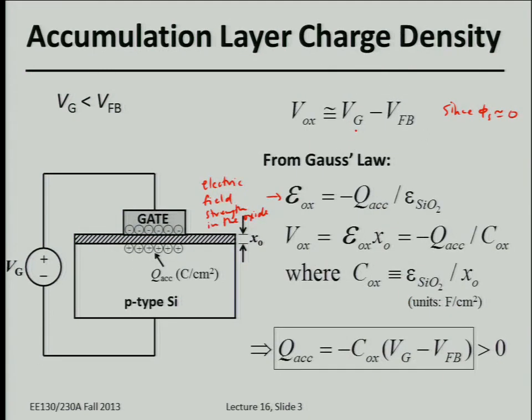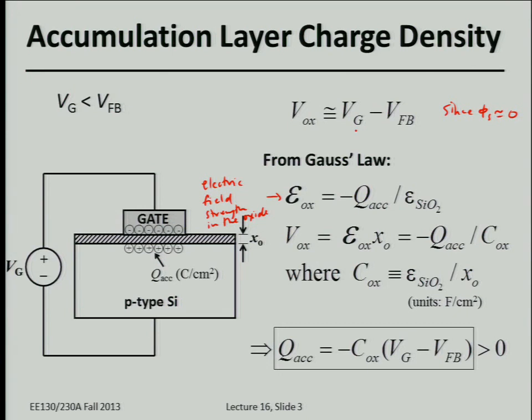The electric field strength in the oxide depends on how much charge there is on either side of the oxide, the charge density. So the more charge you have stored on either plate, the higher the electric field within the oxide.